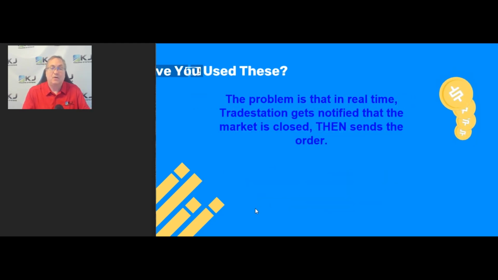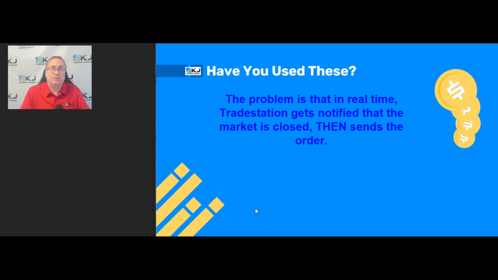Why not? The problem is, in real time, the way Tradestation gets their data, there's a little flag that comes with that last data point of the day, and it says, hey, the market's closed. And so the Tradestation strategy says, oh, the market's closed, and that triggers the set exit on close keyword or the buy, sell, this bar at close keyword to send the order.